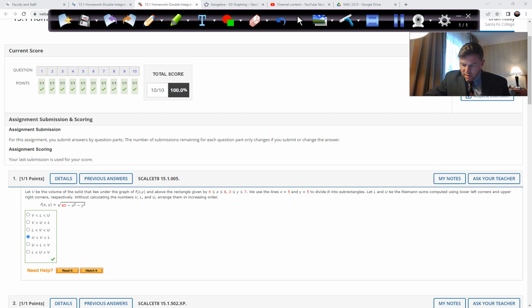If I've said that correctly, let's see here. Oh, L is lower left corner, and U is the upper right corner. So I drew it correctly, and so that would be the order of small to big in estimation.